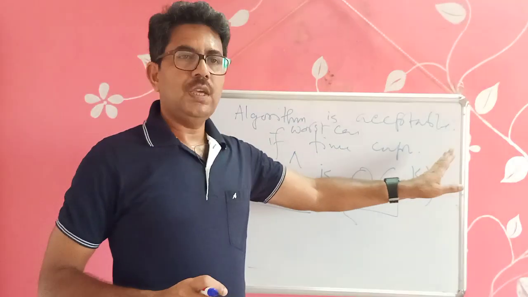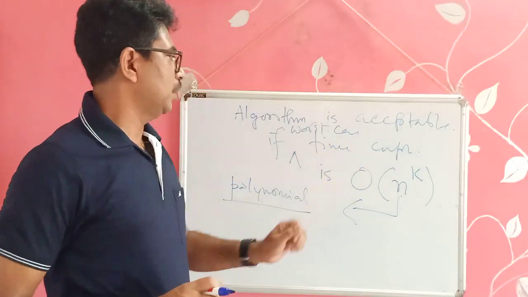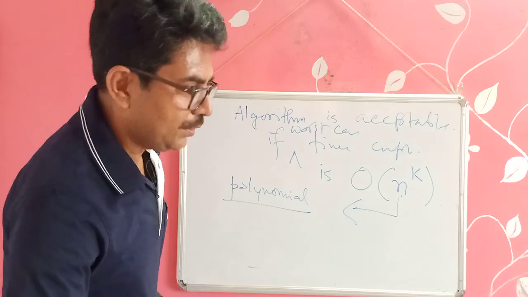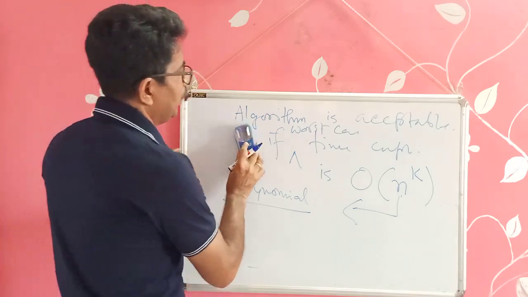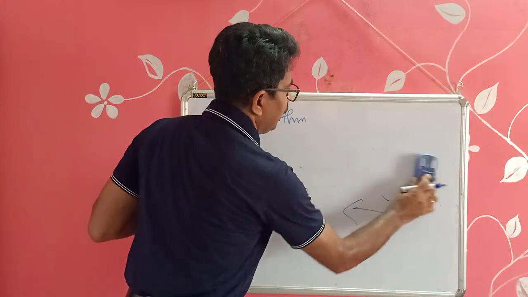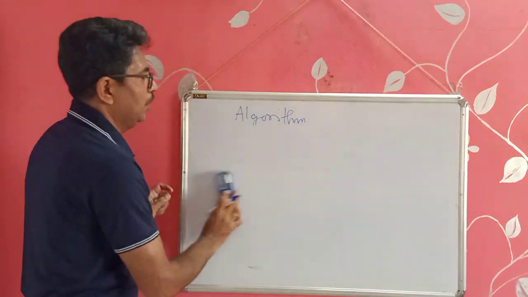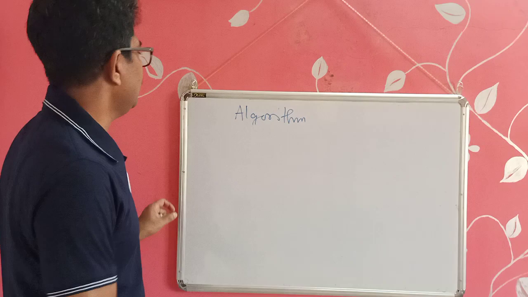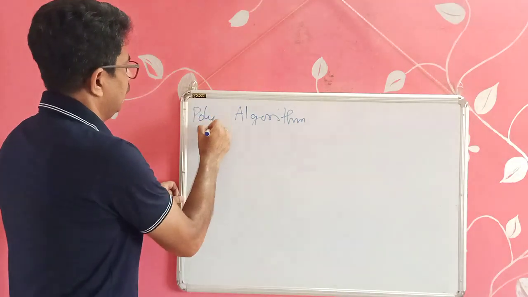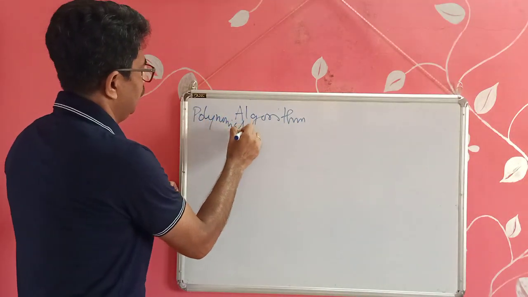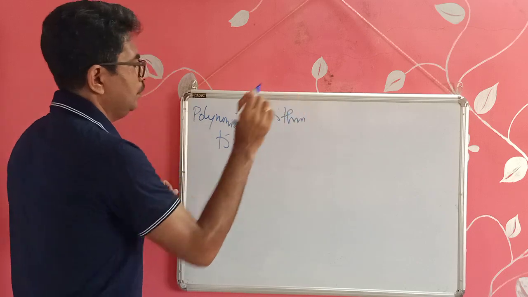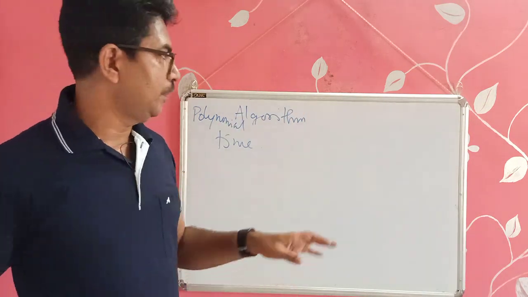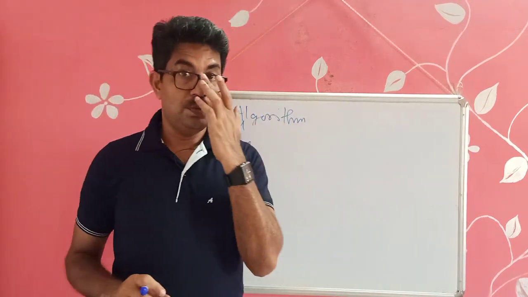Therefore, we can say that a polynomial time algorithm is acceptable to solve a problem, right? So a polynomial time algorithm is acceptable to solve a problem.